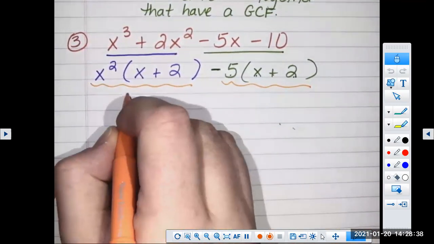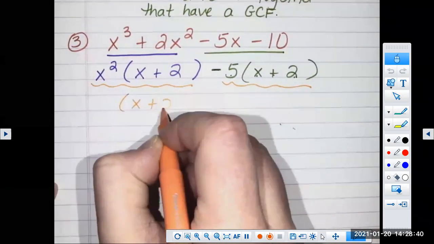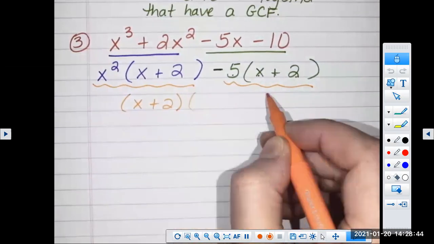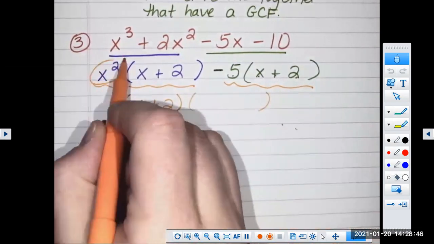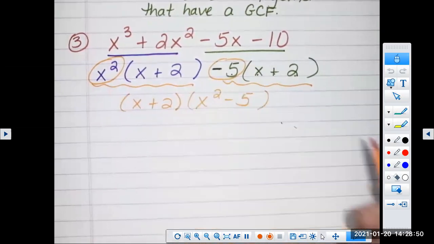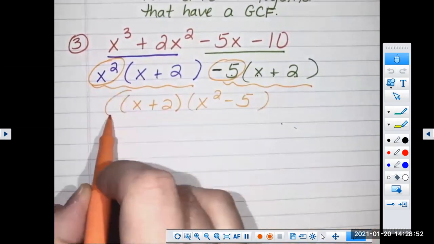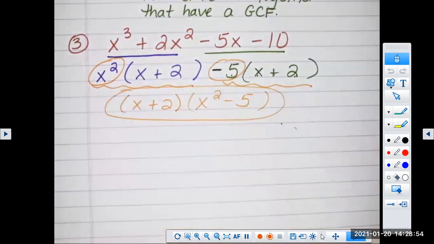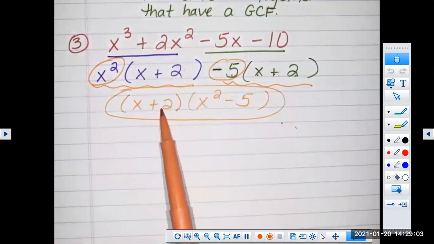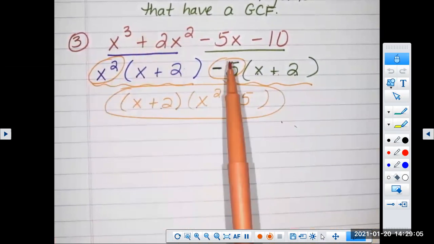Good. So you bring the x plus 2 they have in common down in 1 parenthesis, and then you write what's left outside, x squared minus 5, in your other set of parentheses. So your goal when you're factoring by grouping, what's inside parentheses should be the same. You write that in 1 parenthesis set, what's outside in the other.